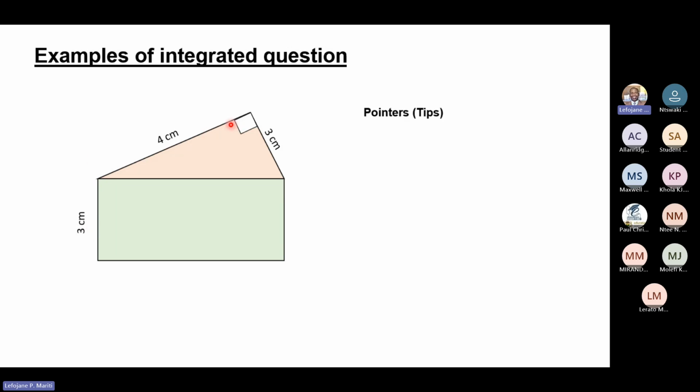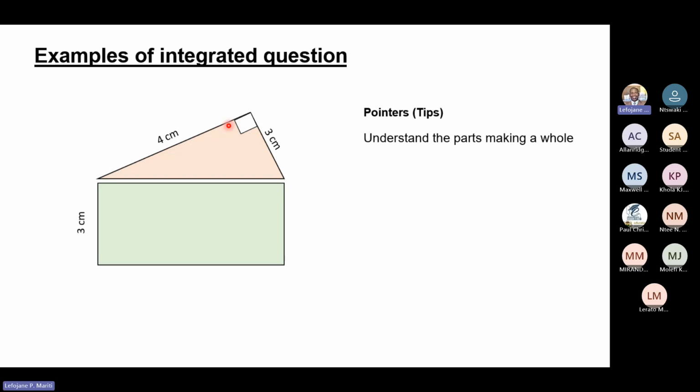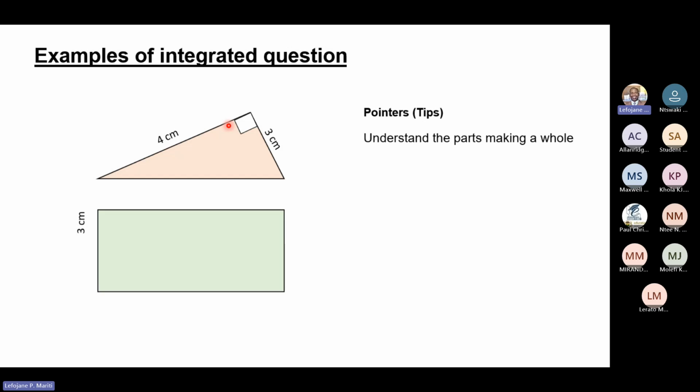Now here are some tips for you. Always ensure that you understand the parts that are making up this whole picture. If you look deeper, you realize we have a right-angled triangle, which you've dealt with, and also the rectangle that you've seen before.